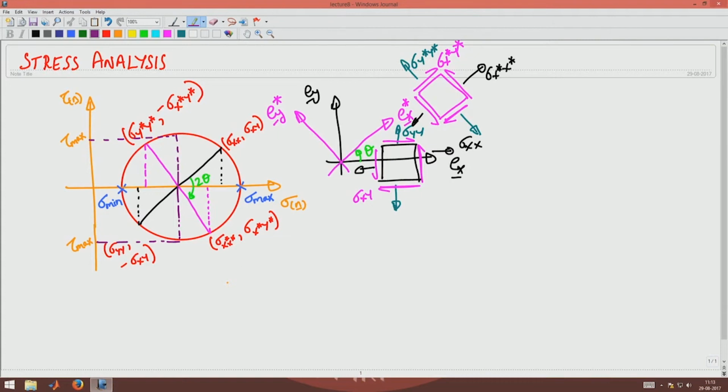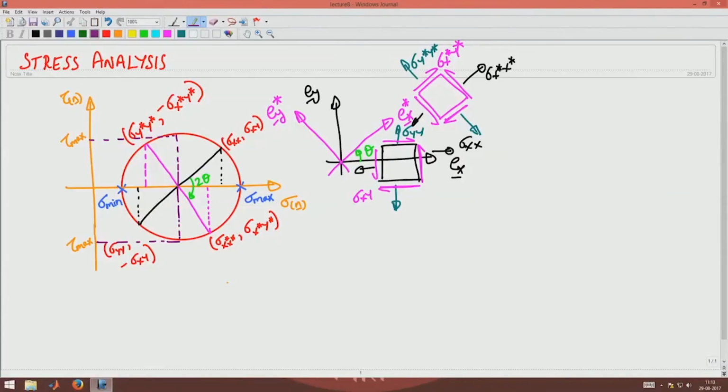Now, if I rotate Ex to Ex star in anticlockwise sense by an angle theta, I have to rotate that by 2 theta in the Mohr circle in the clockwise direction, and hence this rotated plane will give you the coordinates of sigma x star, sigma x star y star and sigma y star and minus sigma x star y star. So, this is what we saw in the last class in brief.